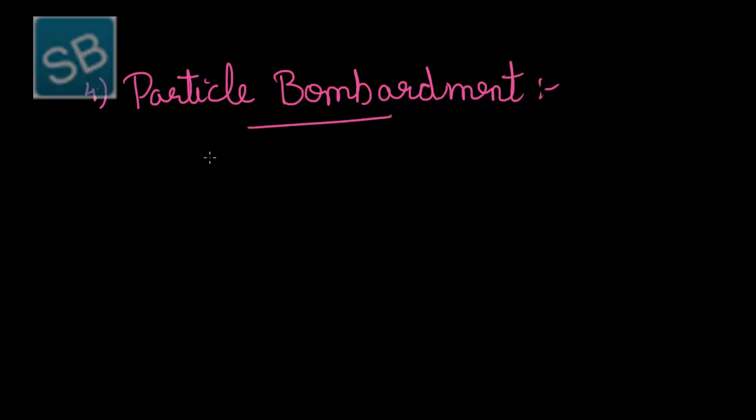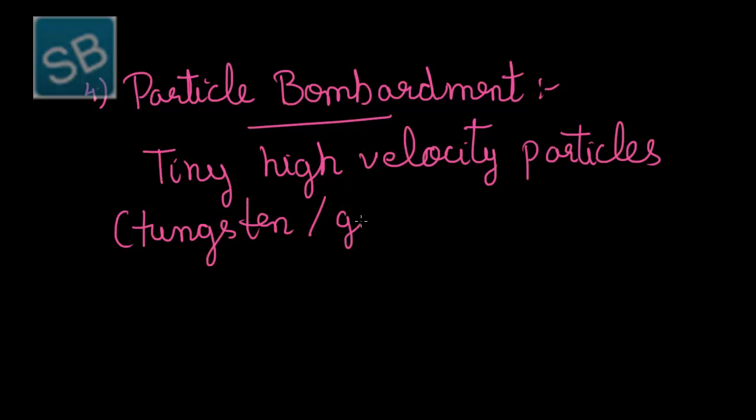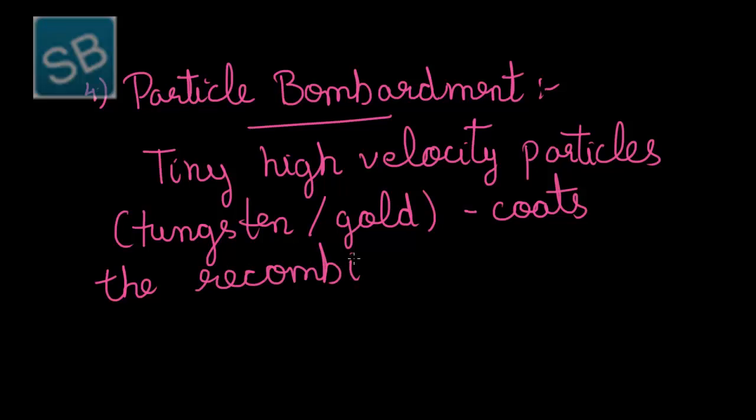In this method, tiny high velocity particles, which are generally of tungsten or gold because they are heavy in nature and hard, with the help of which bombardment can take place easily, coat the recombinant DNA and are then shot into the cells.